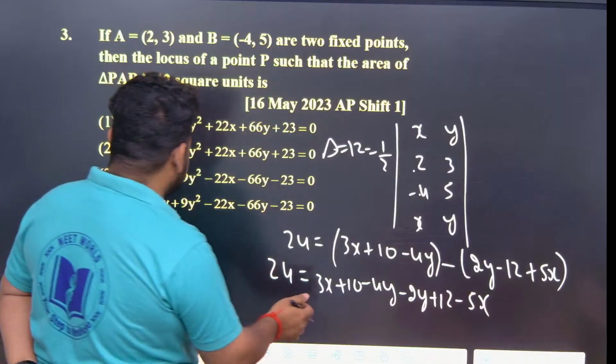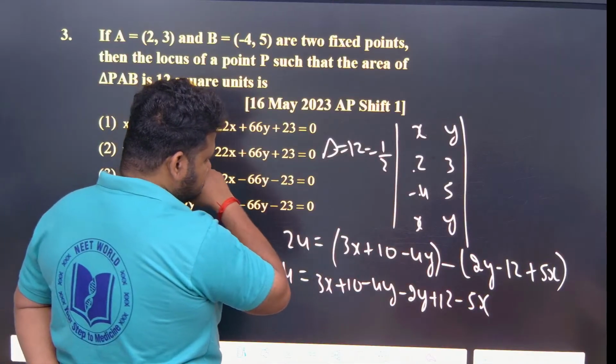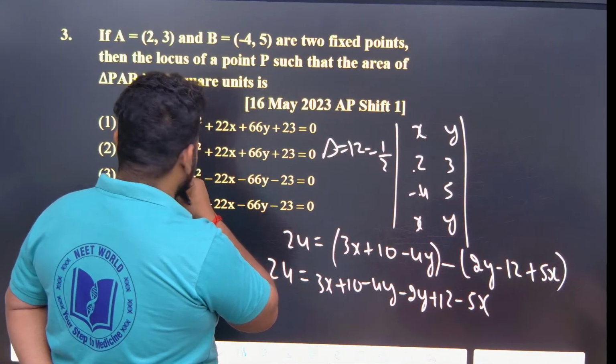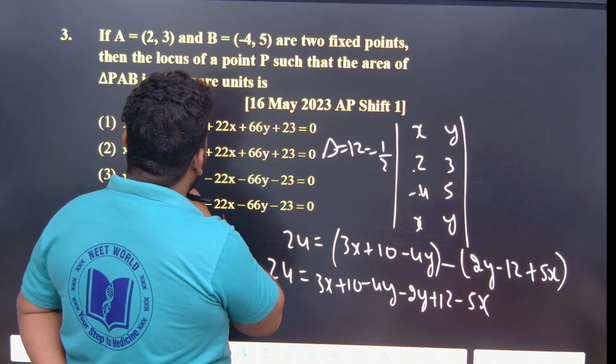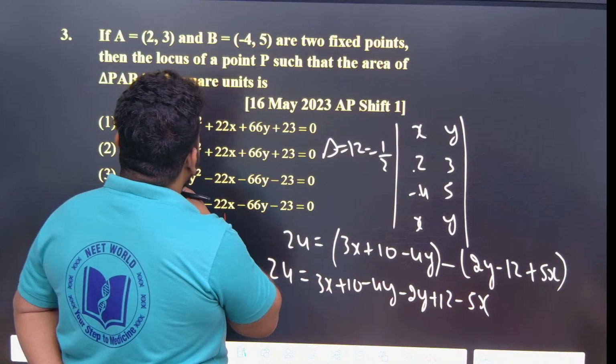Now what is this? But what about x square, y square? We are not getting them. Correct? For this question, instead of the ladder, what we can do?